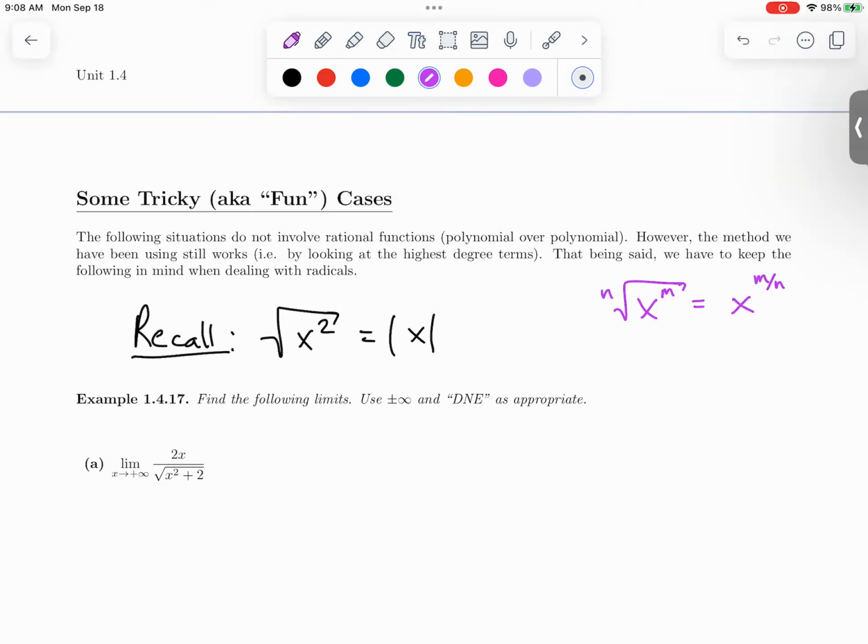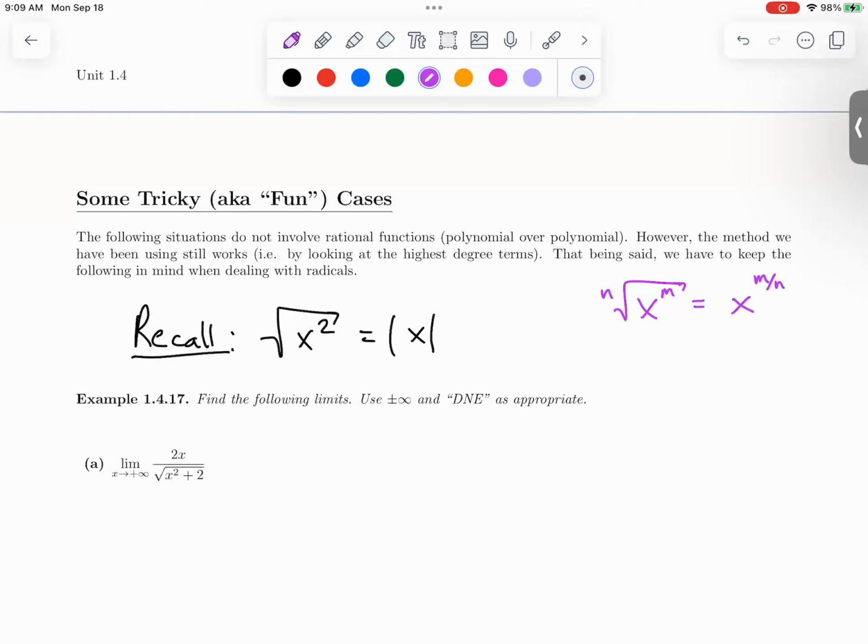Did we write that down before? I don't think we did. It's an important fact from algebra that the nth root of x to the m is equal to x to the m over n. A good way to memorize that, by the way, is powers above, roots below.